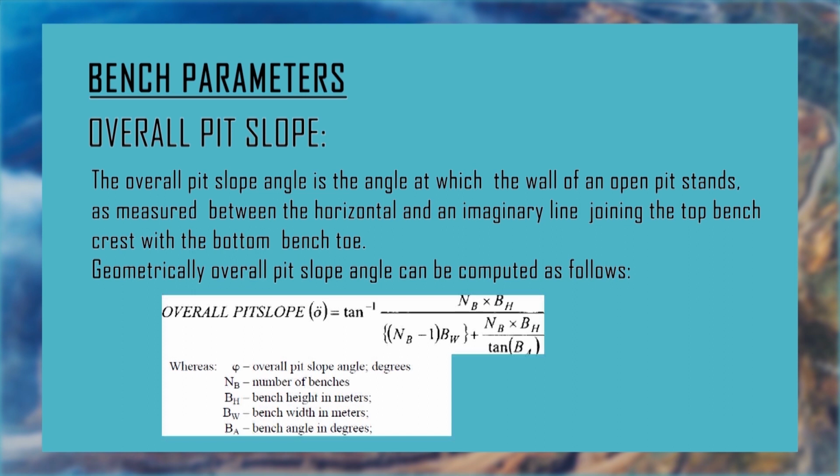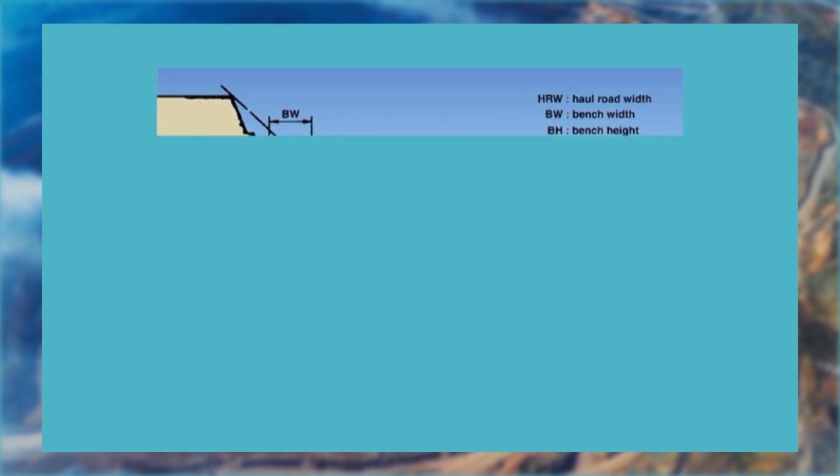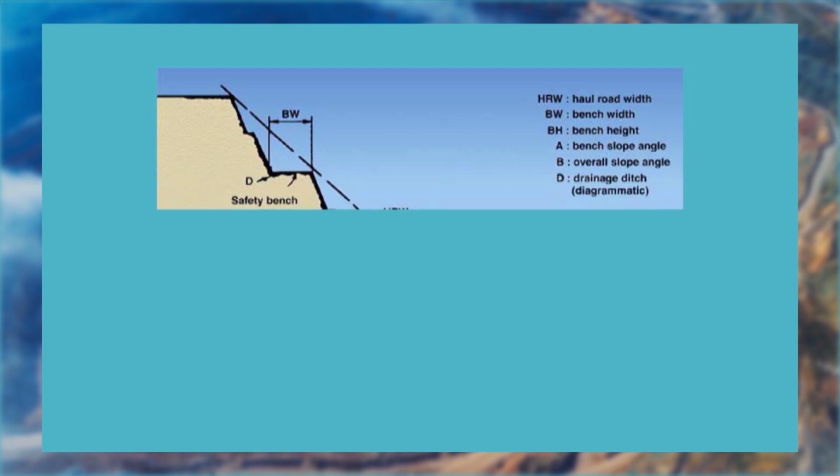Here it is considered that each and every bench is of equal height and equal width, but in actual practice any bench is not of equal height or equal width because of variation in the nature of strata and rock conditions. It is diagrammatically presented as overall pit slope.